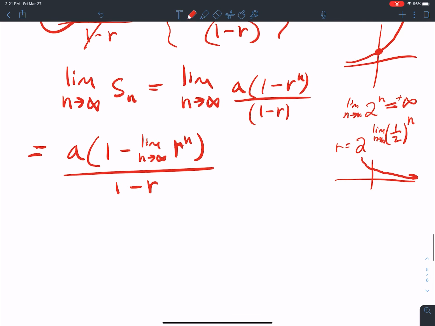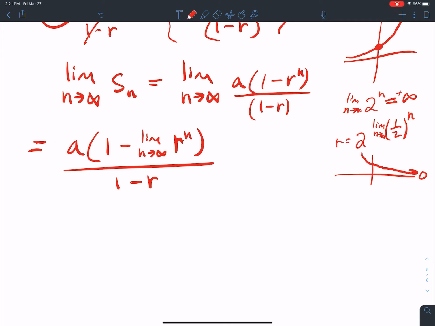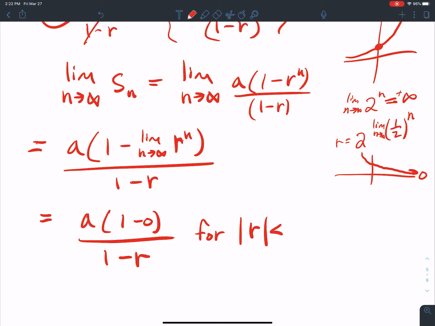So this is equal to a times 1 minus 0 over 1 minus r, as long as the absolute value of r is less than 1.